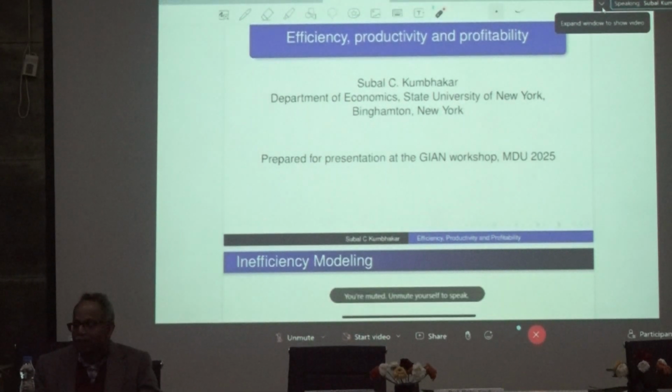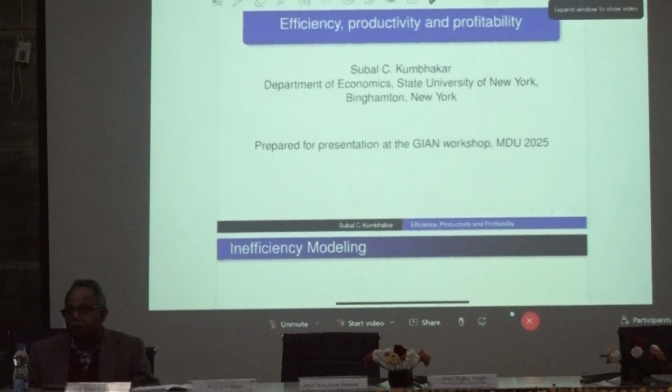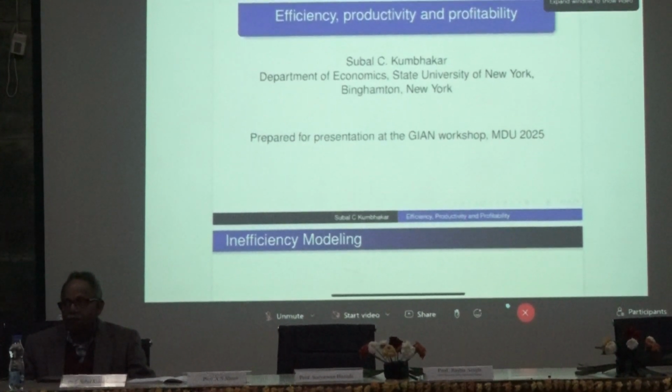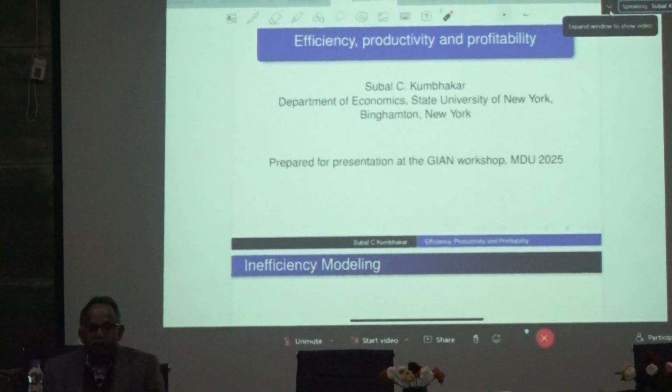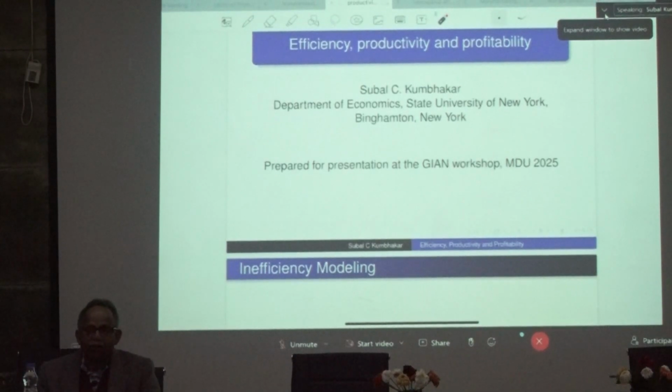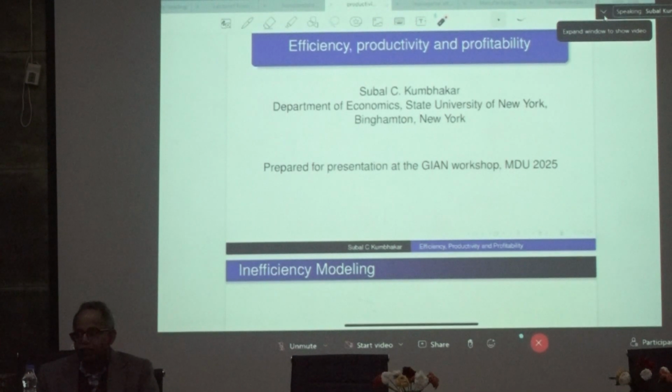Okay, so we finished talking about panel modeling. As a continuation of that, I'll start with talking about productivity or productivity change, because when you are measuring productivity change, you need to have panel data.